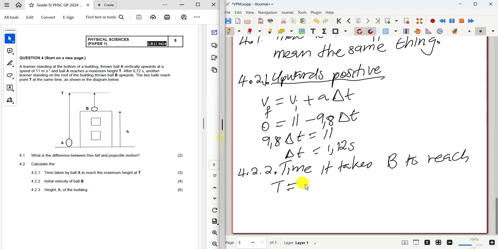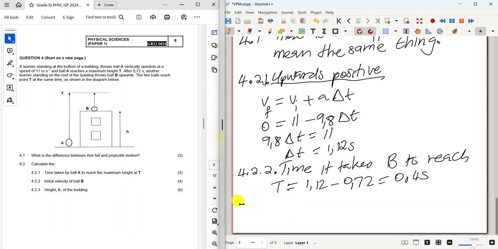It is 1.12 minus 0.72. It's 0.4 seconds. Let's confirm: 1.12 minus 0.72. Yes, it's 0.4 seconds.